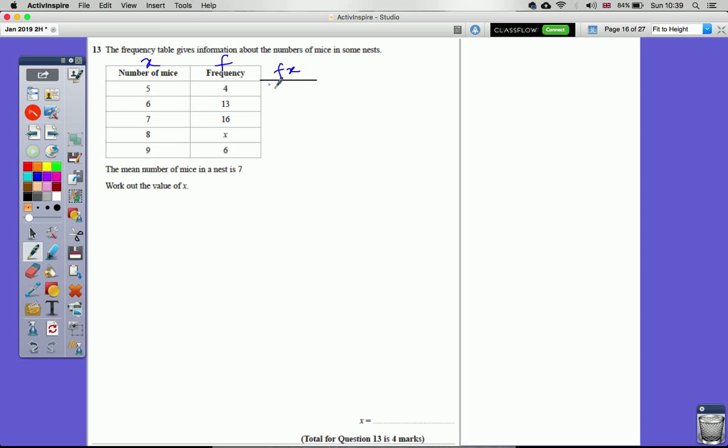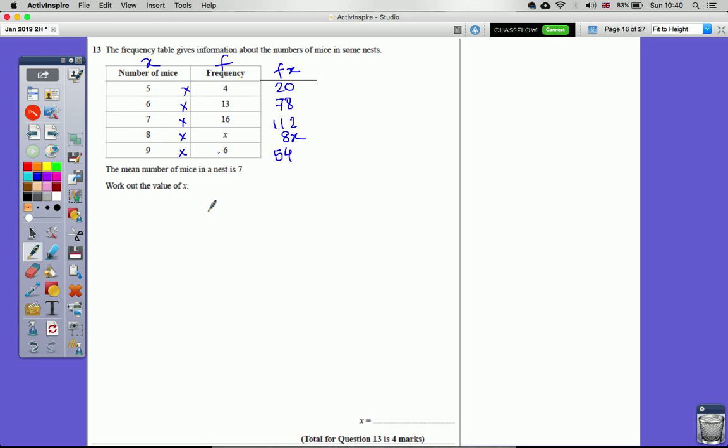So you've got 5 times 4, 20. Multiply these together. 6 times 13 is 78. 7 times 16 is 112. 8 times x is 8x, and 9 times 6 is 54.